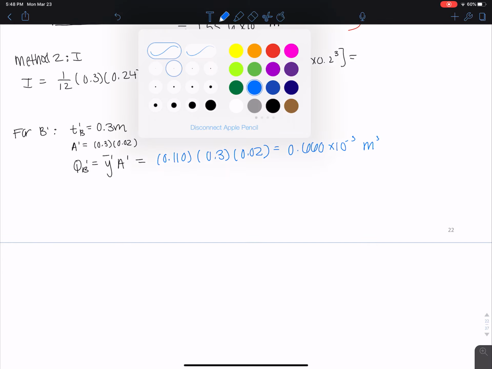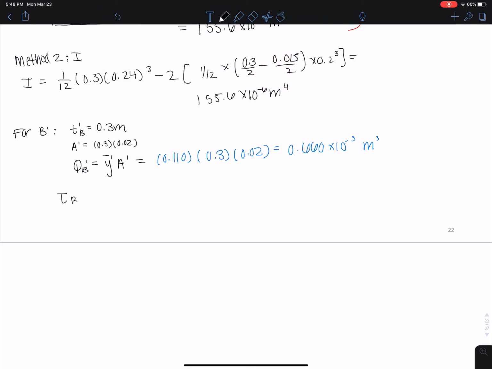And now we can calculate tau as VQ at B prime over I T at B prime.